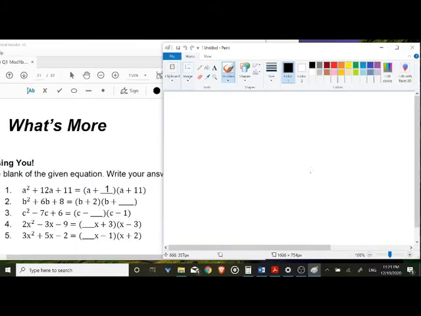Okay. Number 2 po, again, yung given is b squared plus 6b plus 8. So, the leading coefficient is 1. Therefore, check tayo ng factors ni 8. Kapag in-add natin, the sum is 6. So, ano yung factors ni 8?